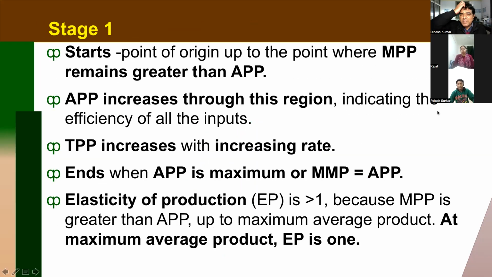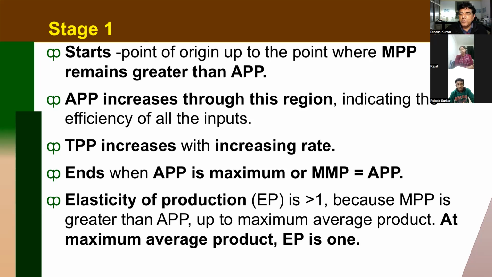Now, stage 1, we'll see in brief what are the different stages. It starts at the point of origin, up to the point where MPP remains greater than AP. Or in the end, you see that they both become the same at the end of this stage.